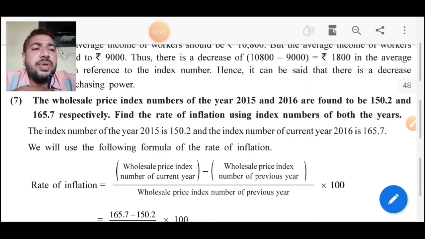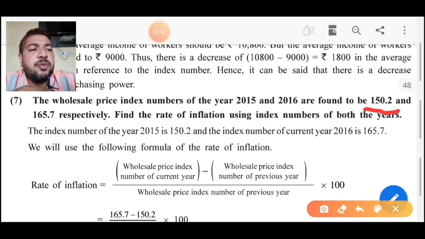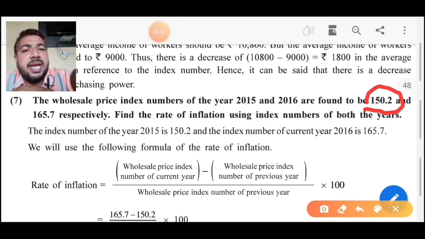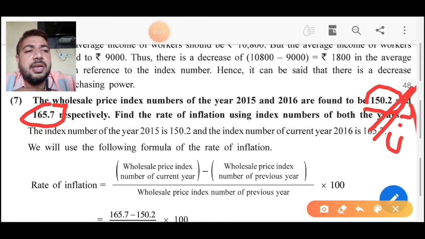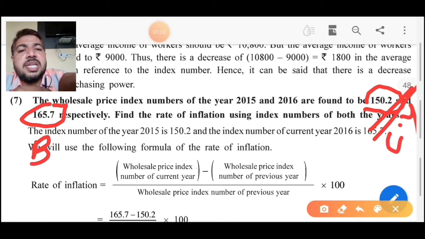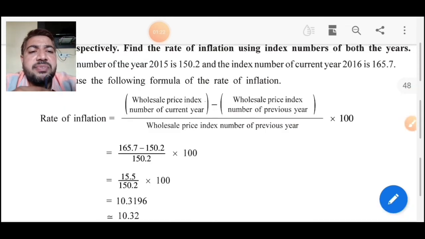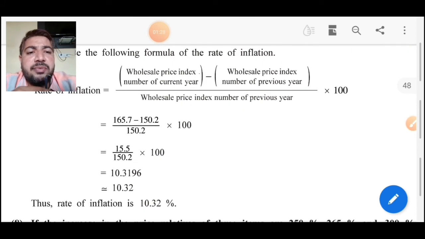So we have 2 years, 2015 and 2016. As we know, 150.2 is the wholesale price index number for 2015 and 165.7 is the wholesale price index number for 2016. So this is the wholesale price index number of current year, and this is for the base year. 165.7 minus 150.2 divided by 150.2, we will have 15.5 upon 150.2.